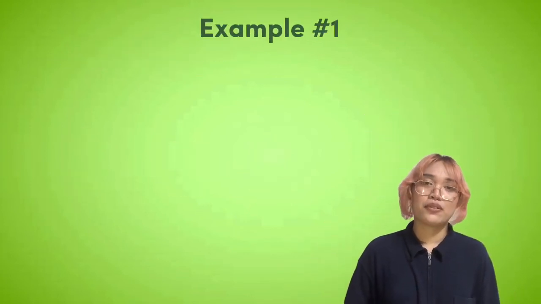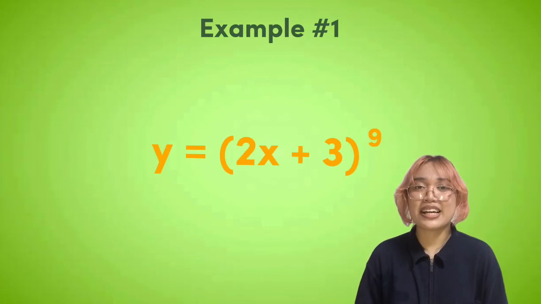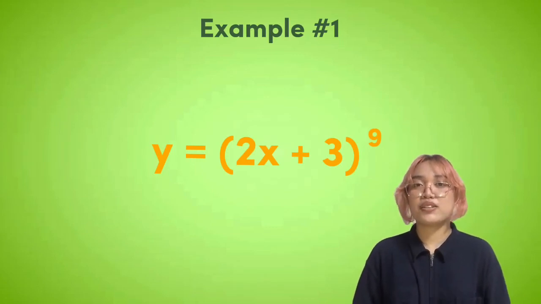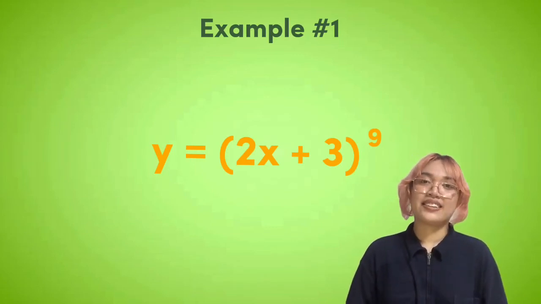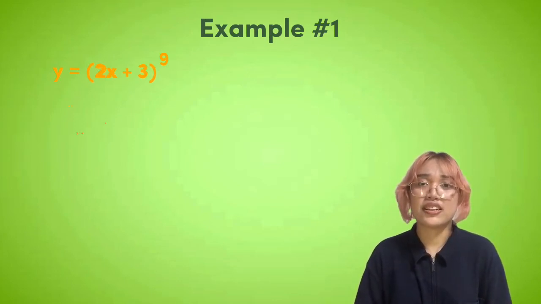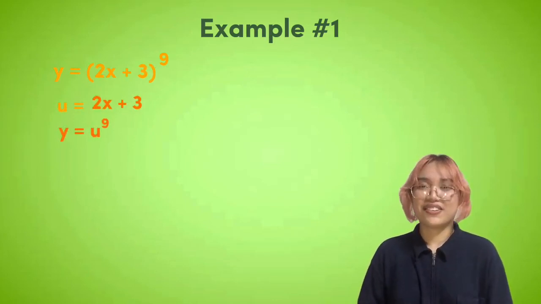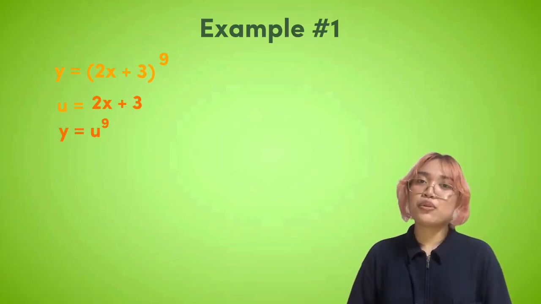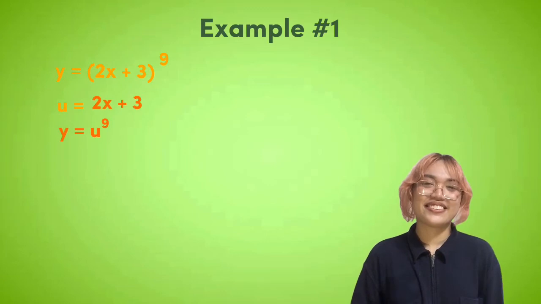For example, y is equal to the quantity of 2x squared plus 3 raised to 9. Let us determine our u as the inner function 2x plus 3. And our y is equal to u raised to 9.